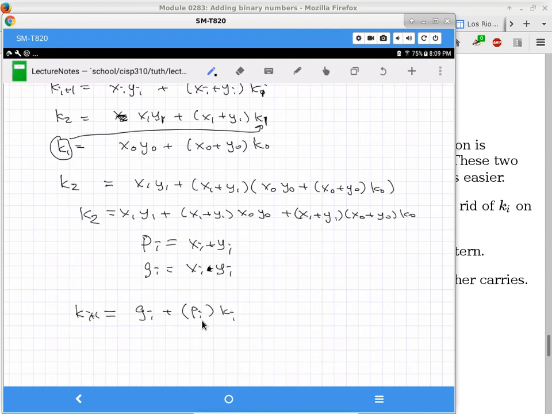Is that okay? That's K(i+1) on the left-hand side. But we can do the same expansion. It's just a convenience so that we don't have to say the conjunction of x and y versus the disjunction of x and y. So now the question is, do we have a closed form of what a particular k would look like?